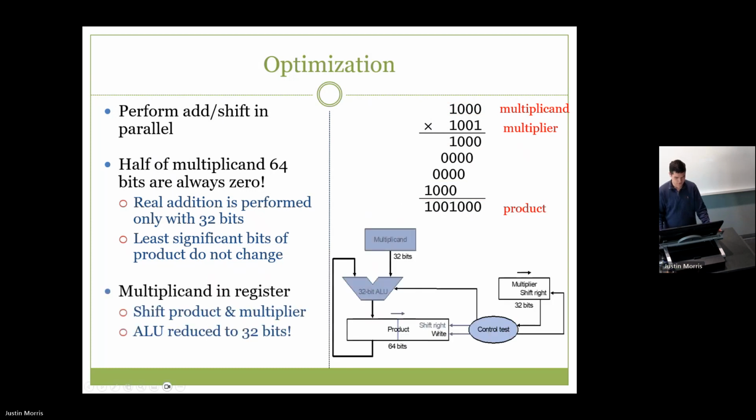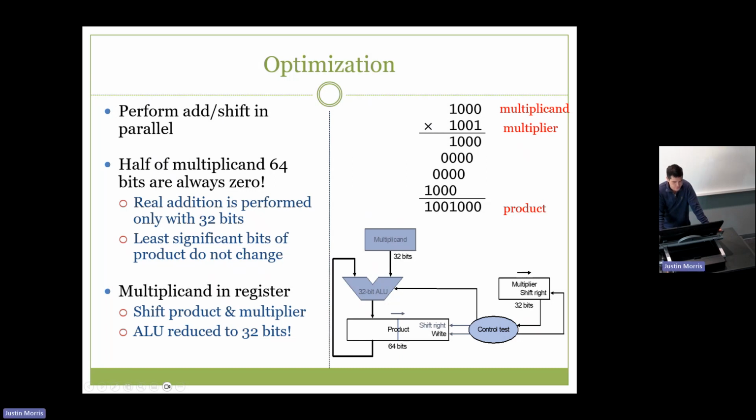Okay. So here is our hardware. So we have the multiplicand, and it's a 32-bit register rather than 64 bits, right? Product register is 64 bits still. And multiplier is still 32 bits.